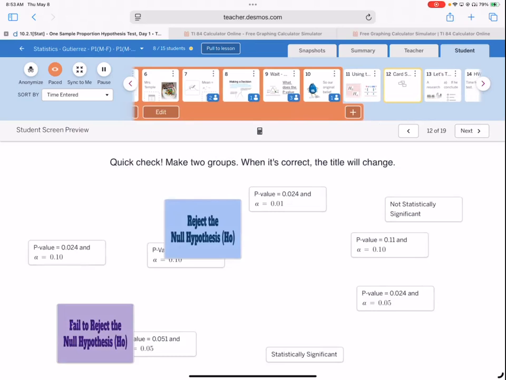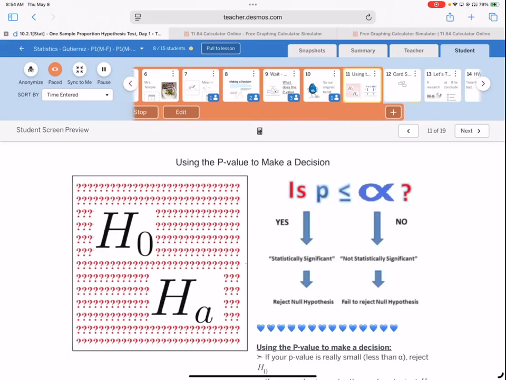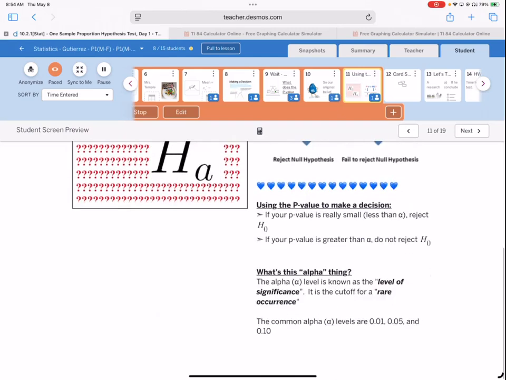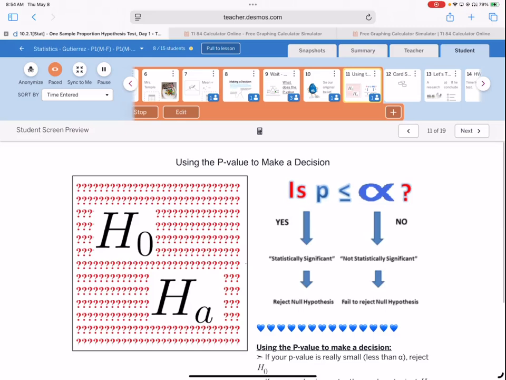If it's less than alpha being 0.05, it rejects. This is just if you want some additional information that goes deeper into what I've said, in the slides provided.